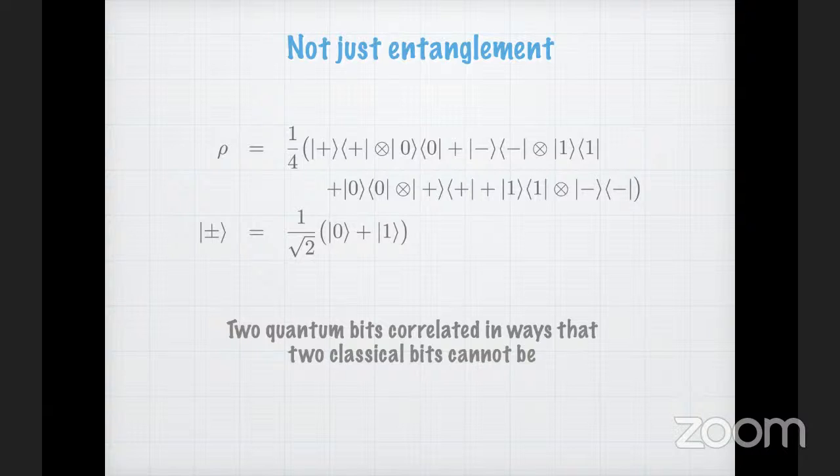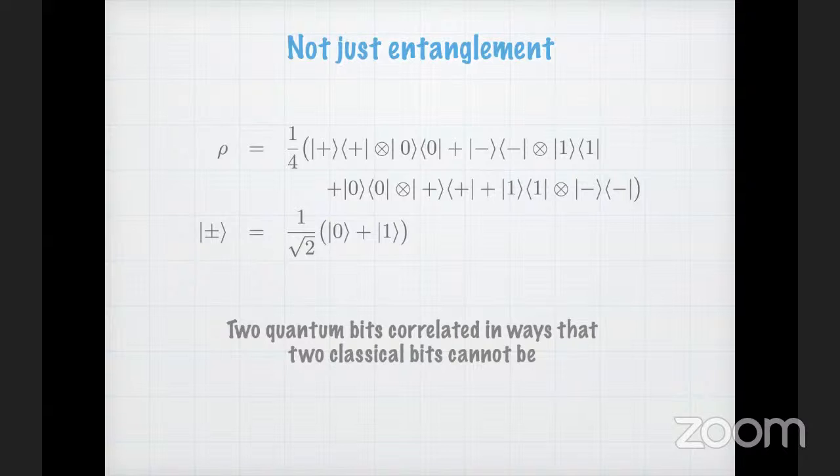So this two qubit state in some ways contains more connections between the components than can possibly be there in any two bit classical state. So whether this kind of non-classical correlations can provide an advantage in mixed state quantum computation was one of the questions that we had asked.